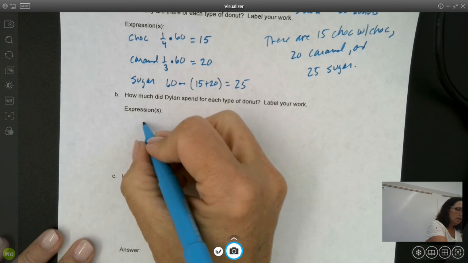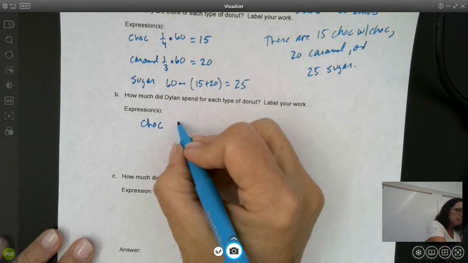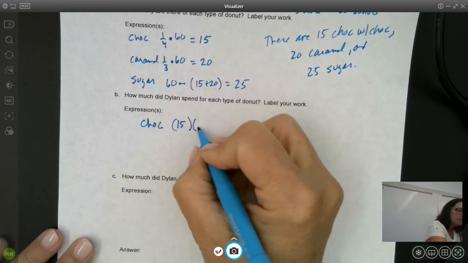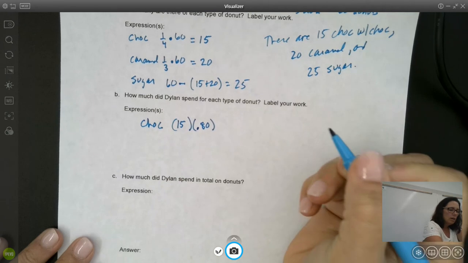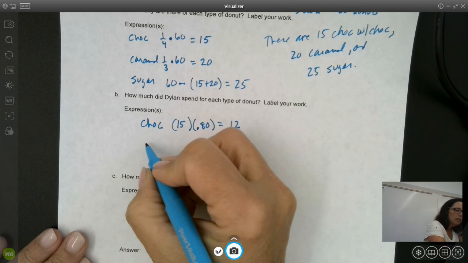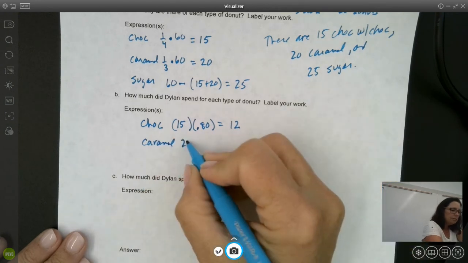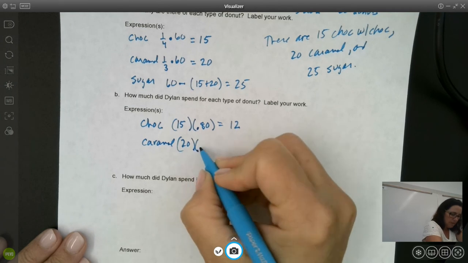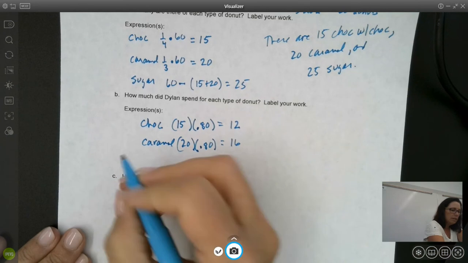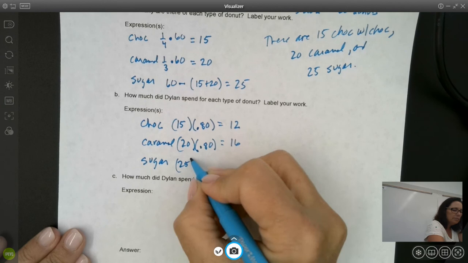How much did Dylan spend for each type of donut? Well, we've got 15 chocolate at 80 cents each. 15 times 80 cents would be 12. For the caramel, we had 20 of them times that 80 cents, and that comes out to be 16. The sugar, we had 25 of them.